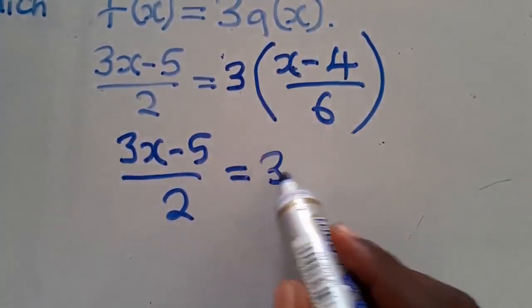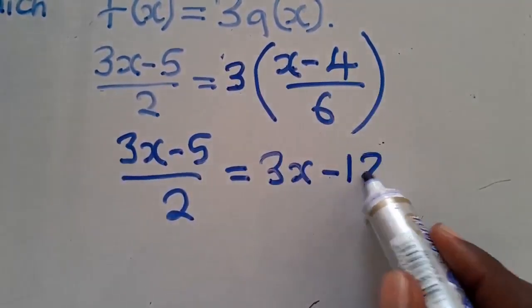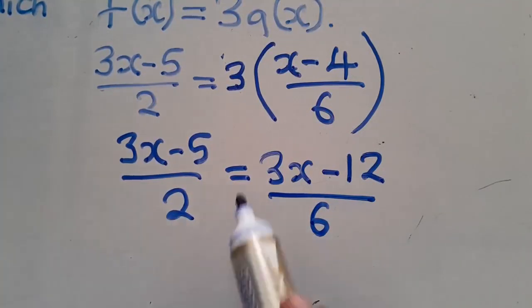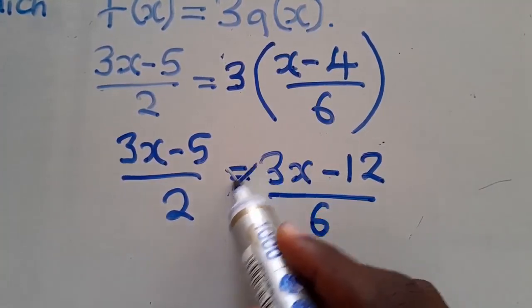That is 3x minus 3 times 4, that is a 12 over 6. Then you cross multiply. You still get the same answer. There is no problem. So when you cross multiply here, you do the calculations, you still find the same answer. So those of you that used this way, it is also fine like this.